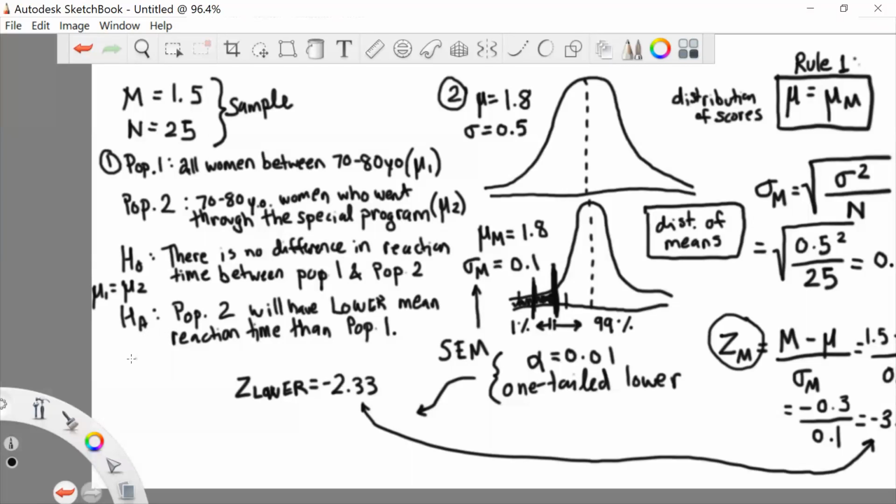For the alternative hypothesis, we can state it in one of two ways. We can state it as mu2 will be lower than mu1, or we can say mu1 will be greater than mu2.